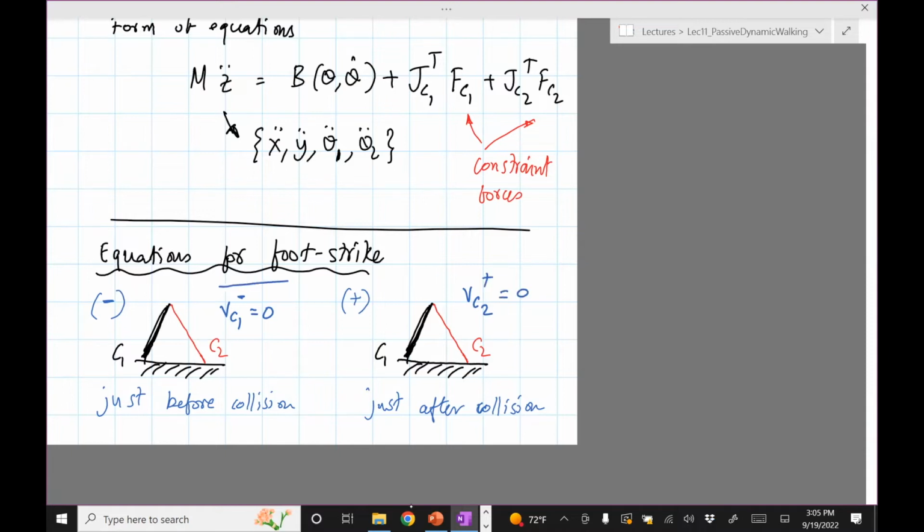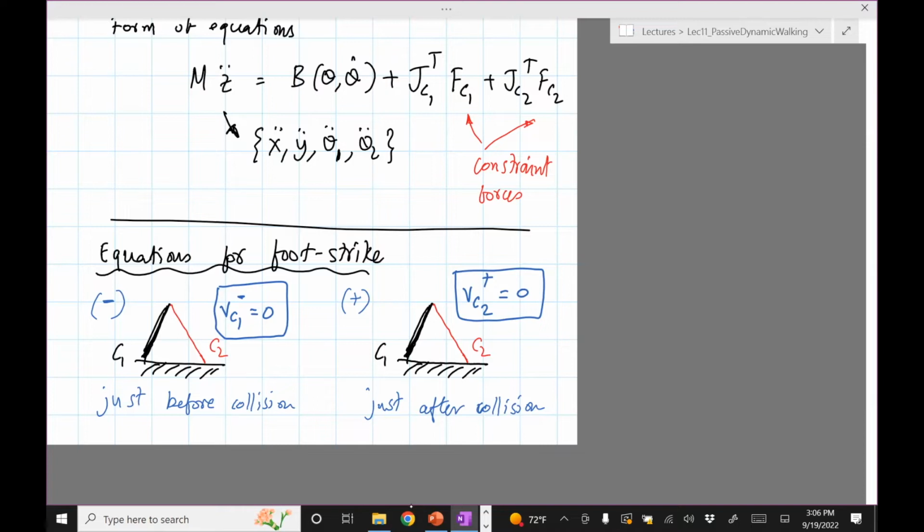So that's the key difference, and you need to take that into account in my equations a little bit later. So the velocities of the contact points are going to be different. In one case, the trailing leg is going to have 0 velocity. In the other one, the leg in front is going to have 0 velocity.